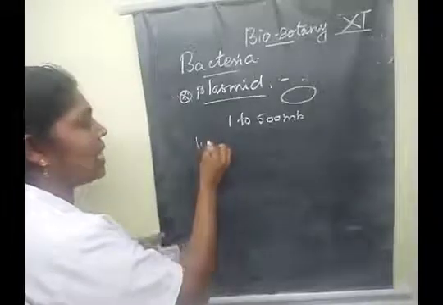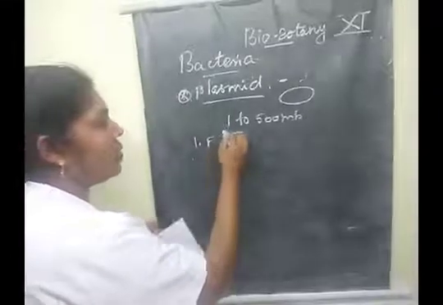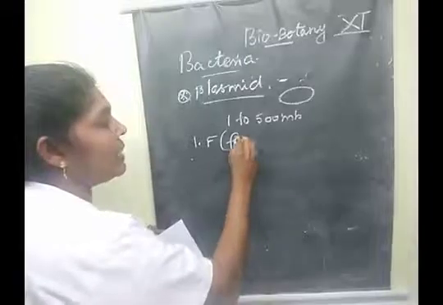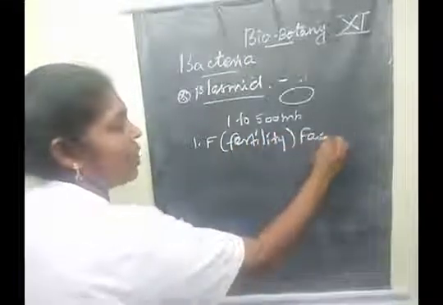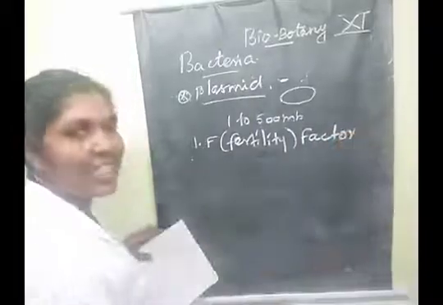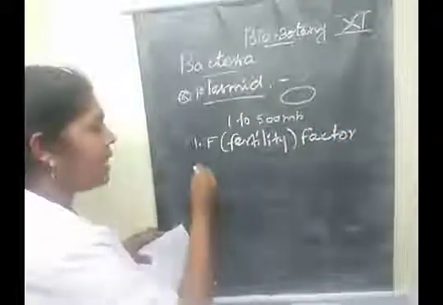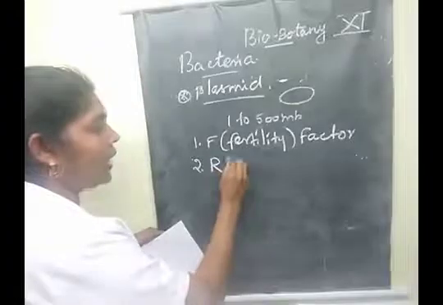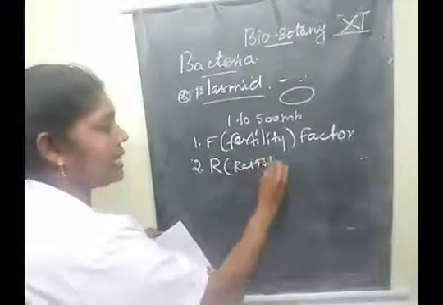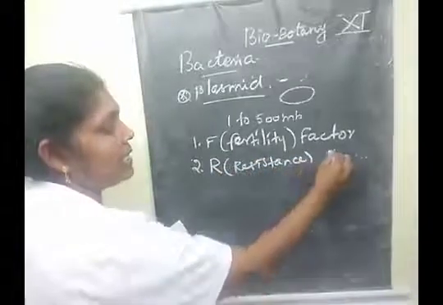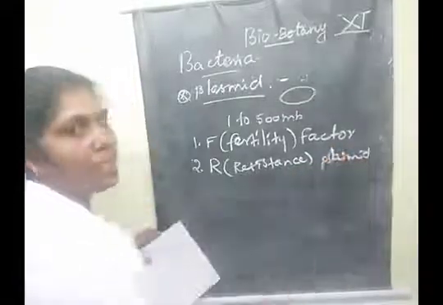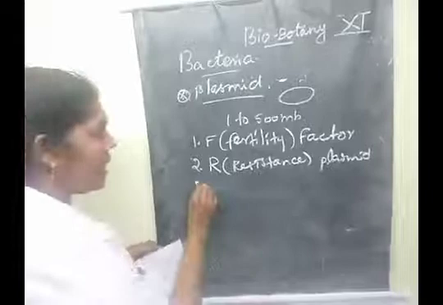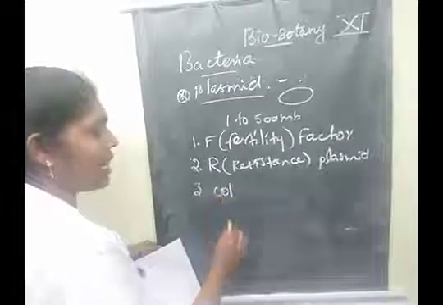The first is the F plasmid, meaning fertility factor or F factor plasmid. The next is the R plasmid, the resistance plasmid. Then the next one is the COL plasmid.